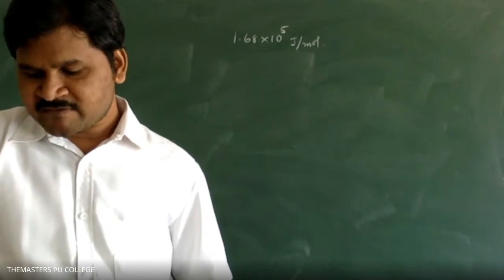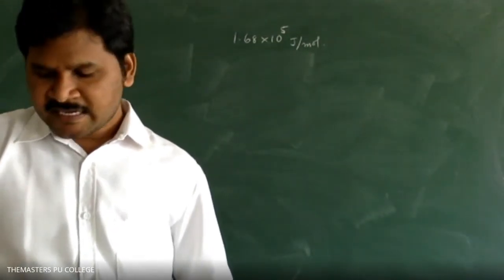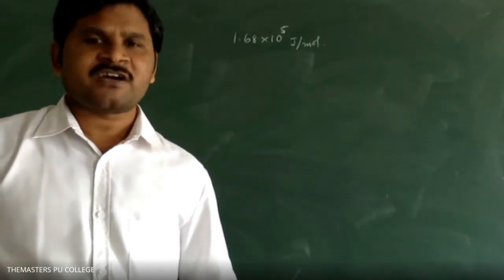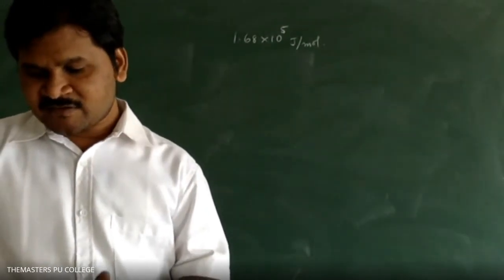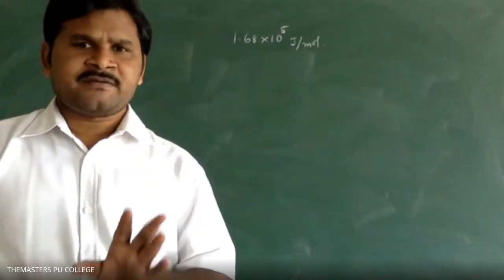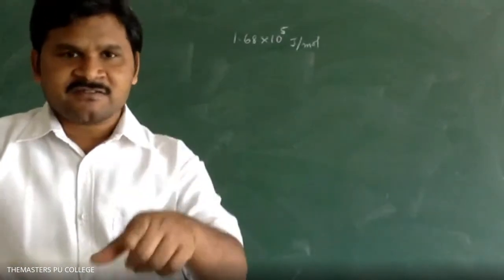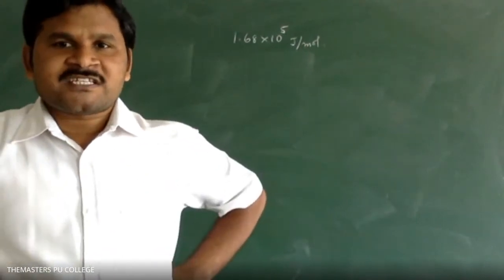Emitted photoelectron wavelength we have to calculate, as well as the minimum energy needed to remove an electron, that is W, we have to calculate. That I will solve. I repeat the question. Please check once, those who joined freshly.